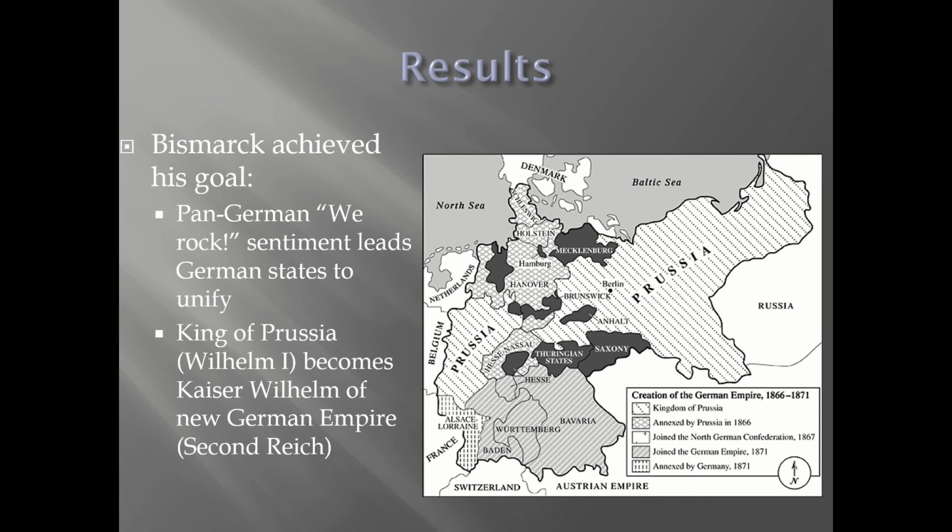So Kaiser means emperor. It comes from the word Caesar, right? It's the German for Caesar. So this idea that he is the emperor of a new German empire. And in Germany, that will be called the Second Reich.